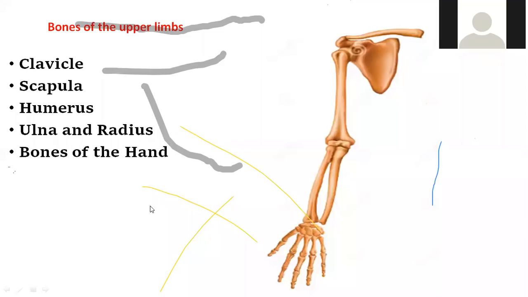The bones that form the hand are called the carpal bones, and they are eight in number. They are arranged in two rows. The proximal row, viewed from lateral to medial, contains the scaphoid, the lunate, the triquetrum, and the pisiform bones.